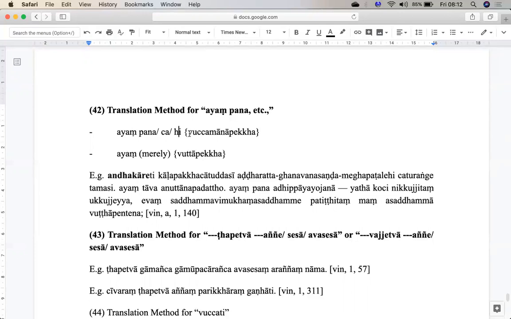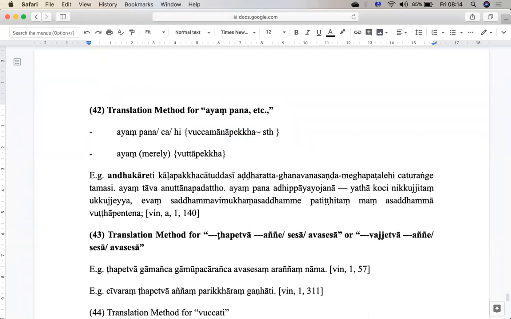So at that time it refers to the vakkhamanapekkha, something going to be said, future sense. So vakkhamanapekkha we can translate as something going to be said.